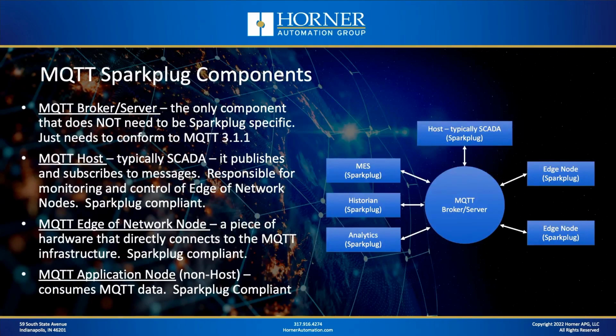Now, as we dive in a little more deeply into those different components in an MQTT system, let's talk a little bit more about the MQTT host, because it plays a role. As I mentioned, it acts in the SCADA role that traditional industrial applications have. And as part of that role, it basically is responsible for monitoring and controlling the edge of network nodes.